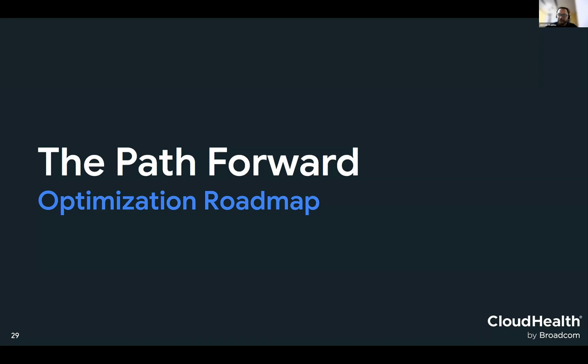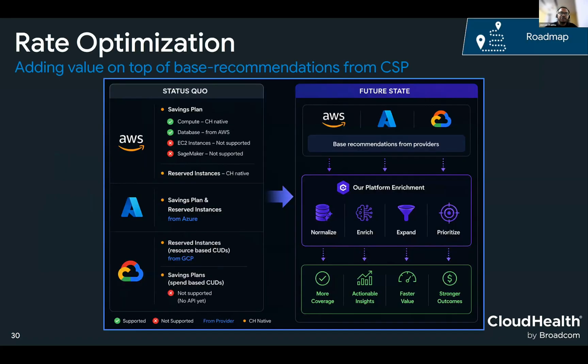But we are doing a lot of exciting things, and one of the key aspects we are addressing is that we are taking base recommendations from cloud providers, but we are enriching them with both platform intelligence as well as platform constructs, so that on top of these base recommendations, we provide you a lot of value.